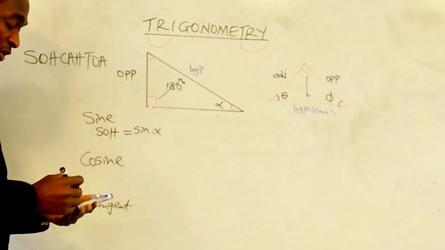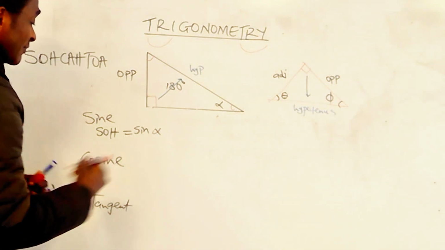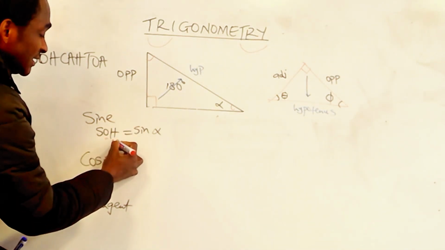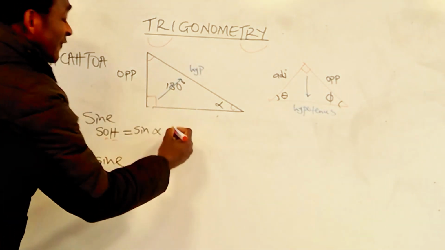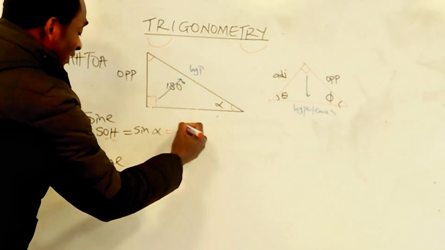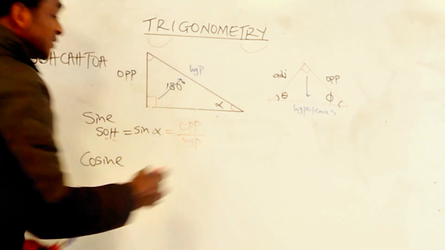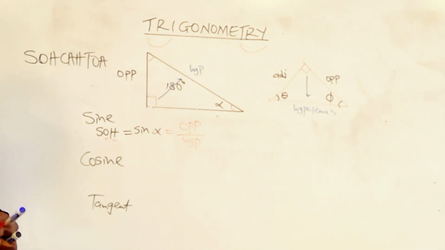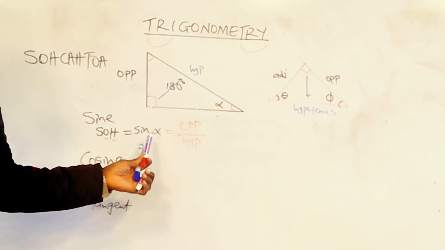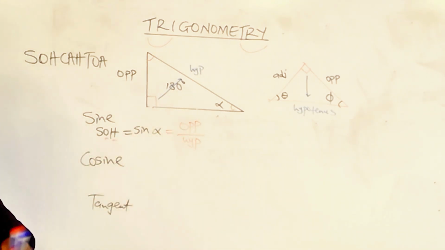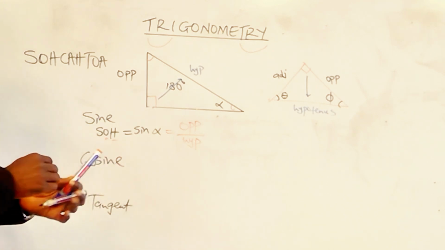O here denotes opposite. And then this is the hypotenuse. So if I'm dealing with sine of alpha, I will have opposite over hypotenuse as the formula for figuring out this identity or any unknown side if the angle was given.